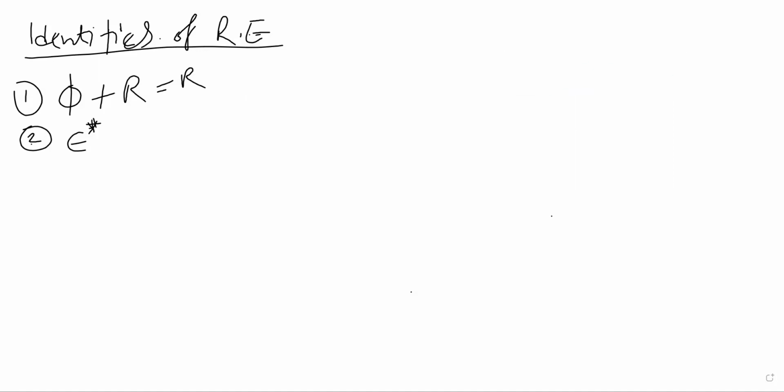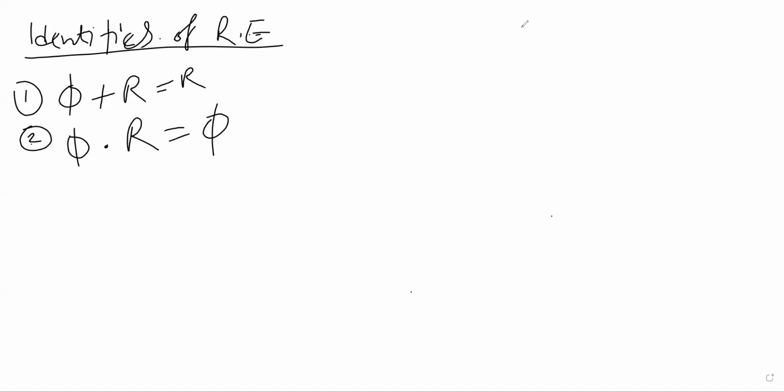Okay, so phi plus any regular language is that regular language only. And before moving to epsilon, phi concatenation with any regular language is phi. This is very important. You have to understand this, right?